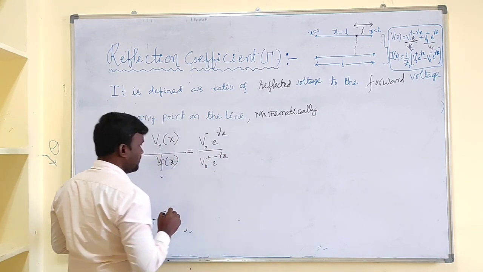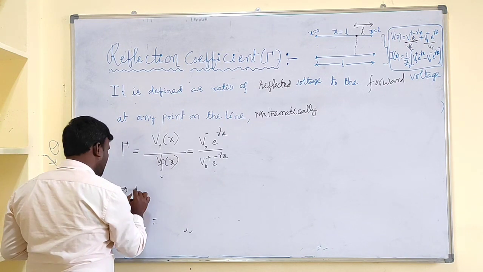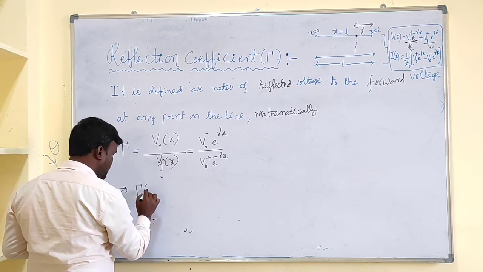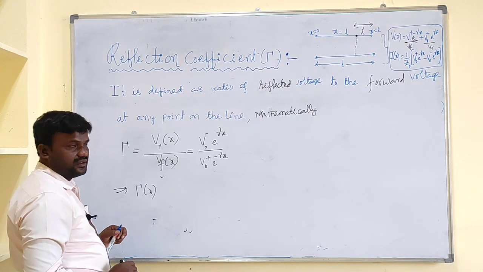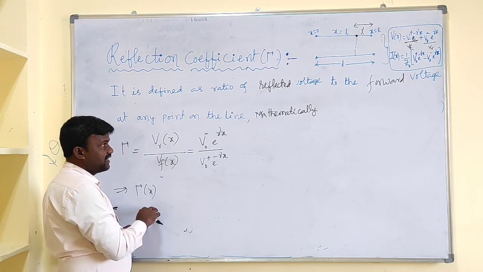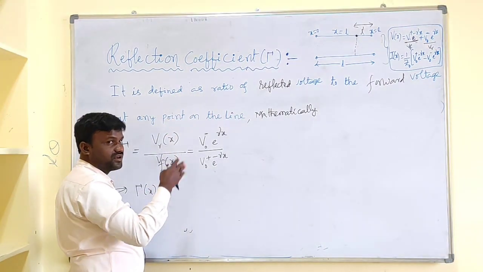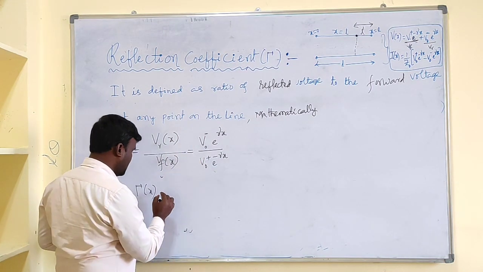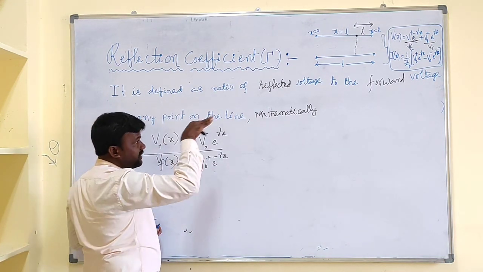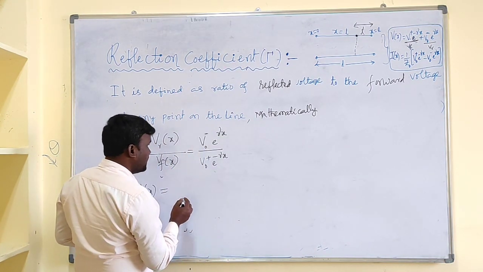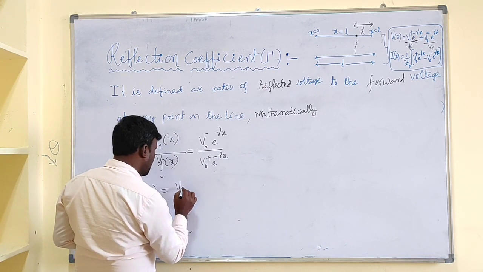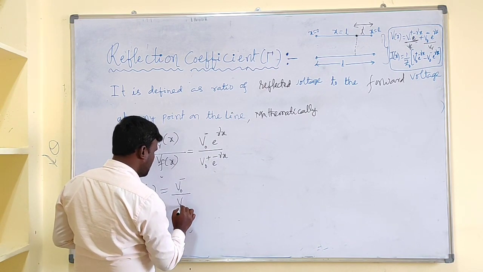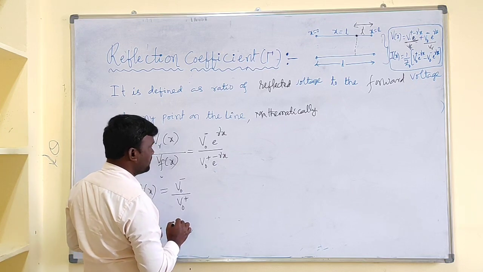This is the gamma. Therefore, gamma at any point, or gamma of x as we can call it. By using this we can find gamma at any point, at x equal to 0, x equal to L, or x may be anything, it is a variable, varied from 0 to L. Next, this can be written as V0 minus by V0 plus.